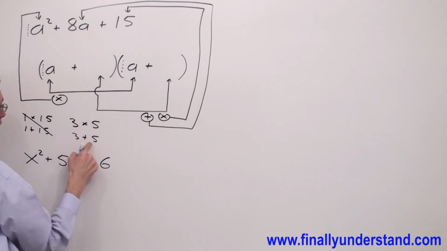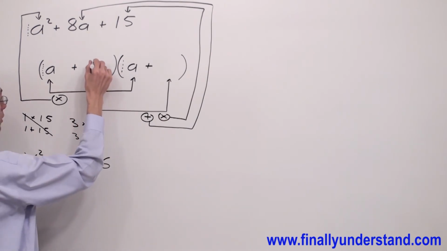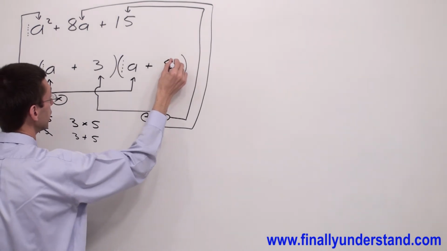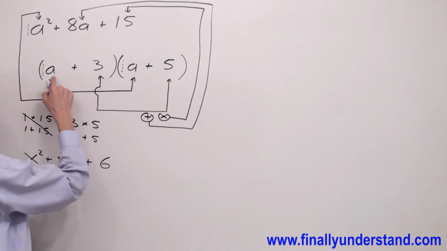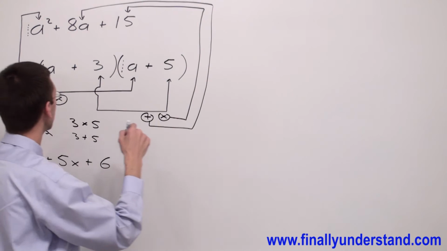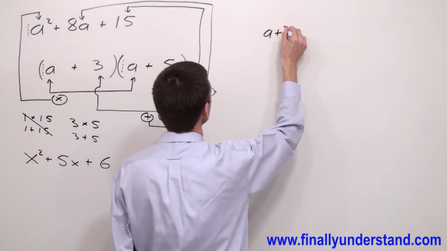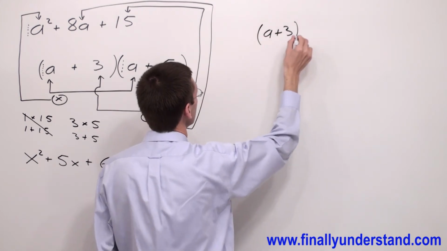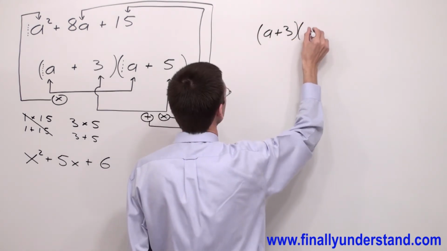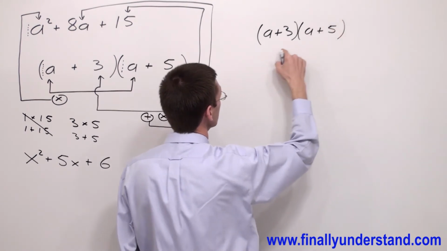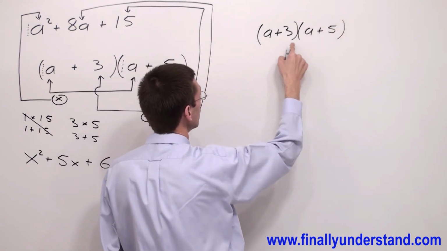So this is the right pair of numbers which I'm supposed to write over here, 3 and 5. So I can say this is the solution to my problem. I have a plus 3 times a plus 5.